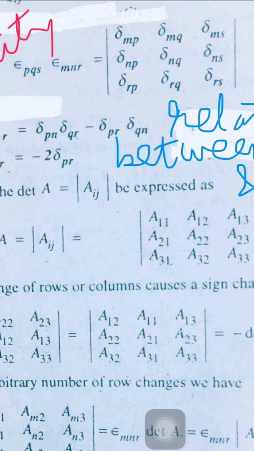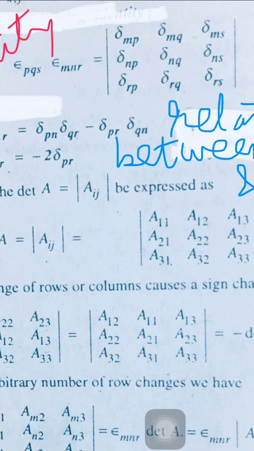Similarly for the third position, then the second row and third row positions, 3-1, 3-2, 3-3 positions of mnr and pqs are taken in the form of deltas. So this is a simple representation of the product of two epsilon symbols in the form of Kronecker deltas in determinant form.